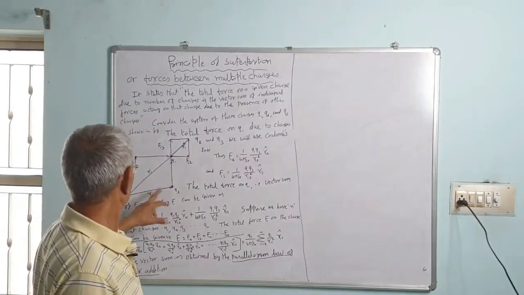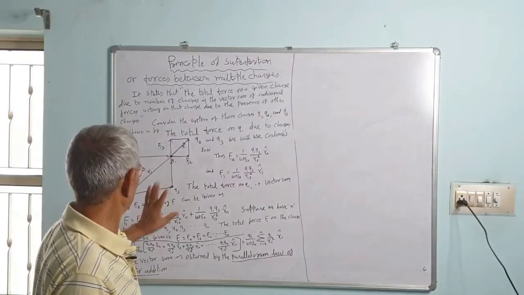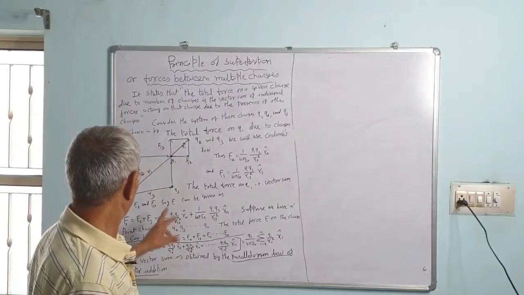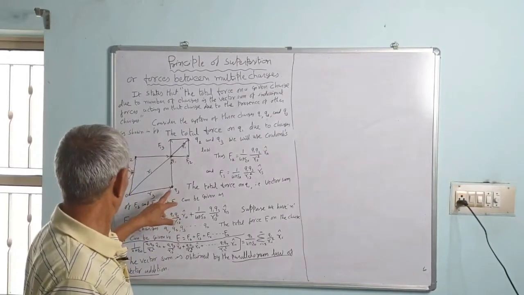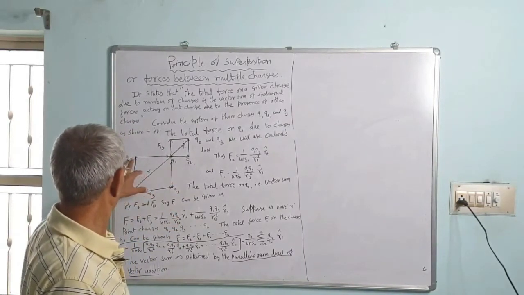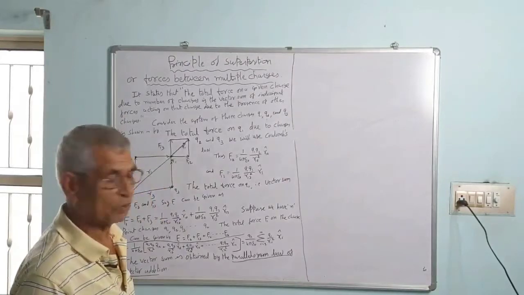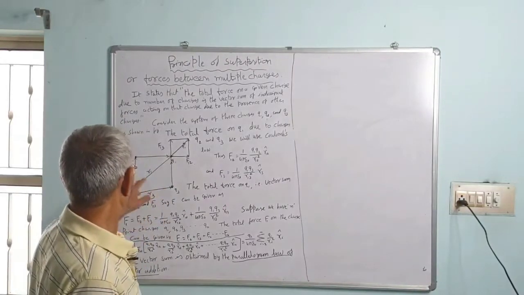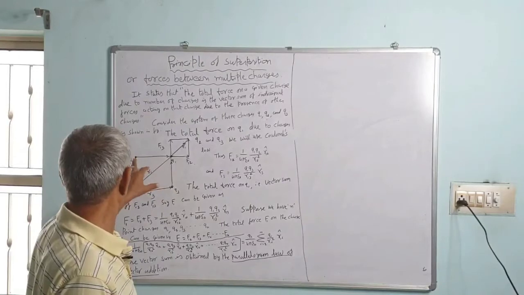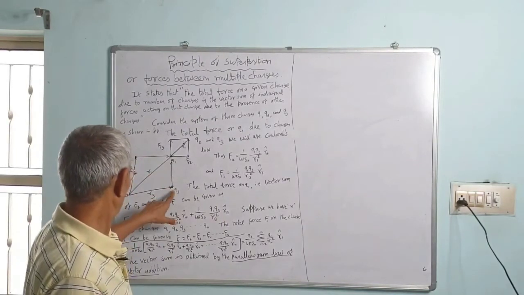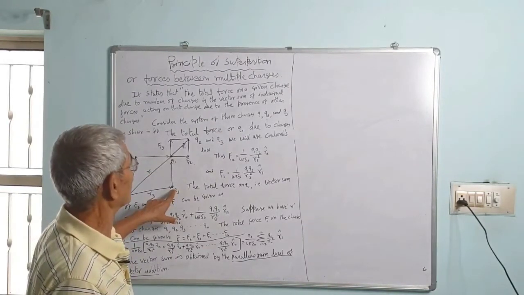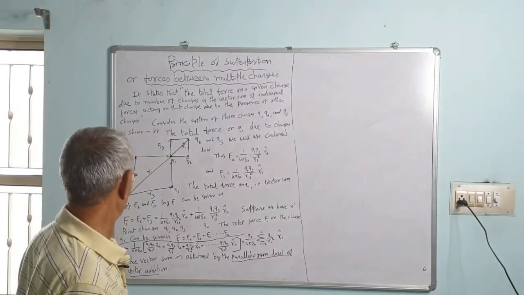Here there are 3 charges, Q1, Q2 and Q3. We will calculate the force on Q1 due to the other charges, Q2 and Q3. While considering the force between Q2 and Q1, the force due to Q3 is not considered. That is to be kept in mind.